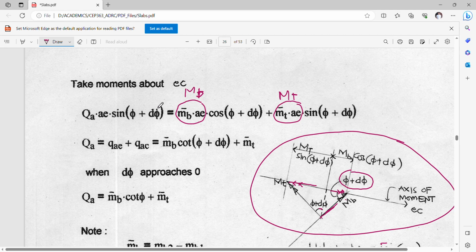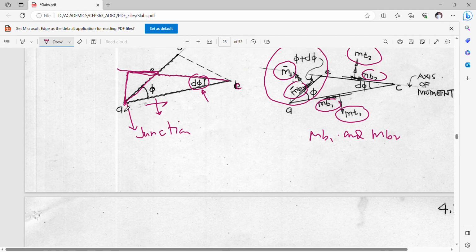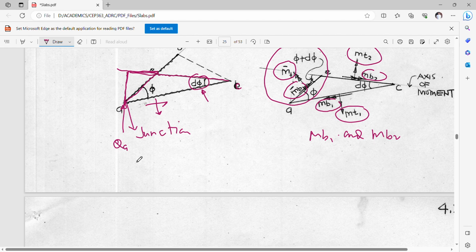So we'll now be counteracting the force QA, which is, of course, our main concern at this junction or at this node. So you have a QA here multiplied by the moment arm, which is simply this length here, from here, this is simply AE sine of phi plus dphi.